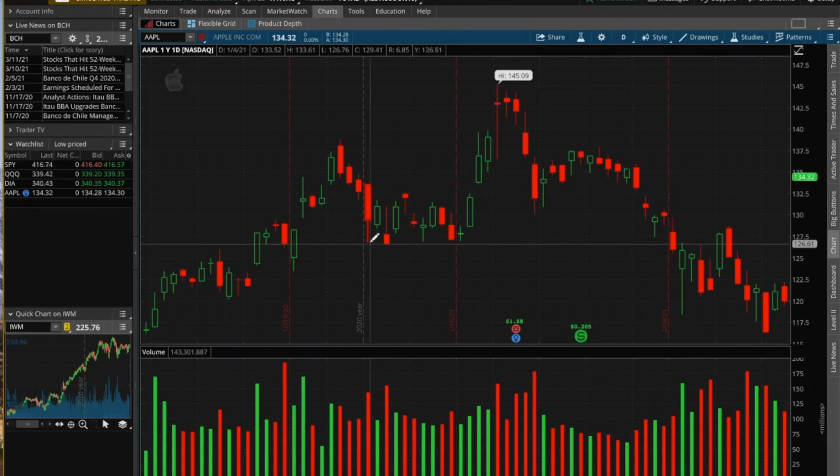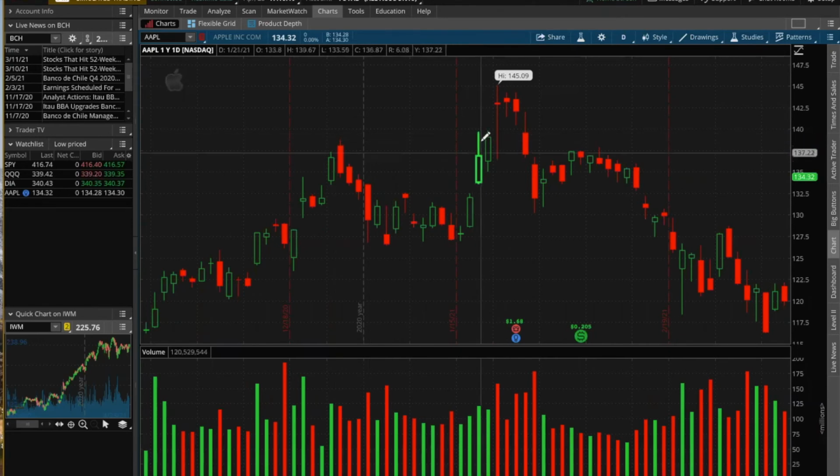That means there were some buyers coming in to push the candle up. Right around here, this high candle at 145, you can see it opened at 143. It closed at 142, but it also went all the way down to 136. The long wick just means there were a lot of buyers coming in to push that price back up. So that's what the wicks mean.